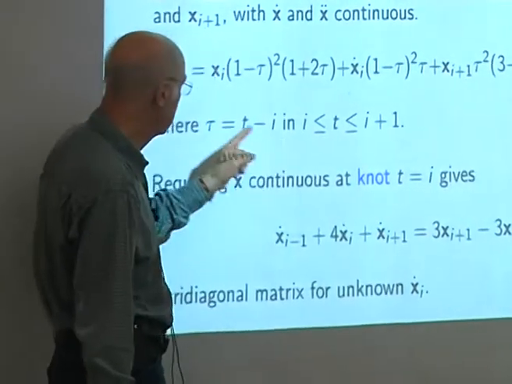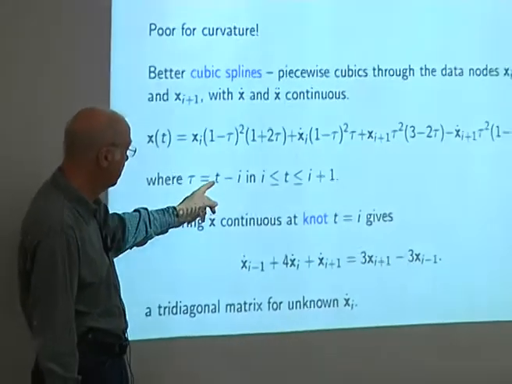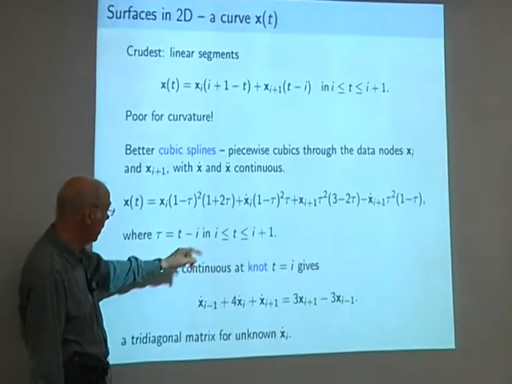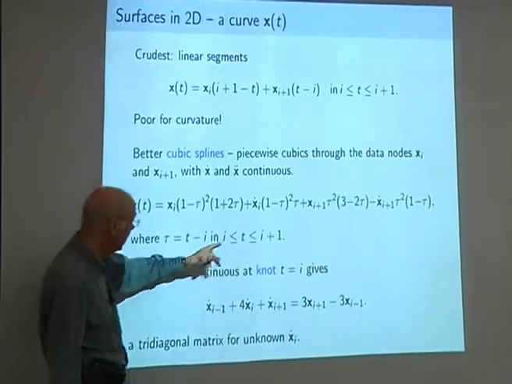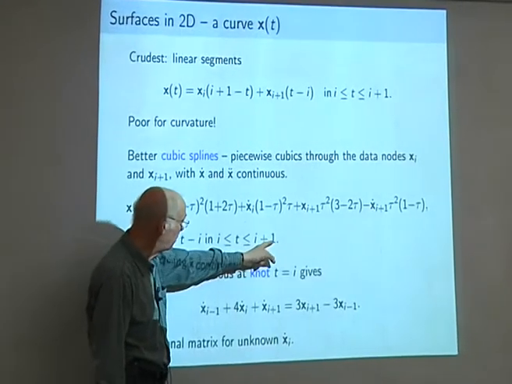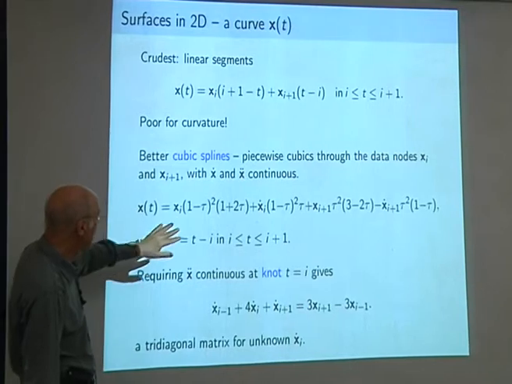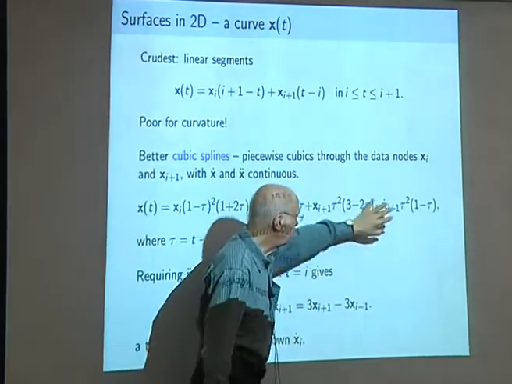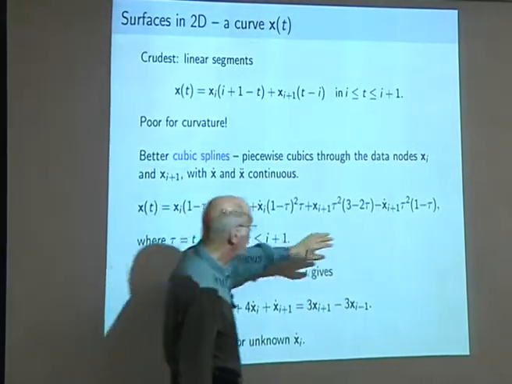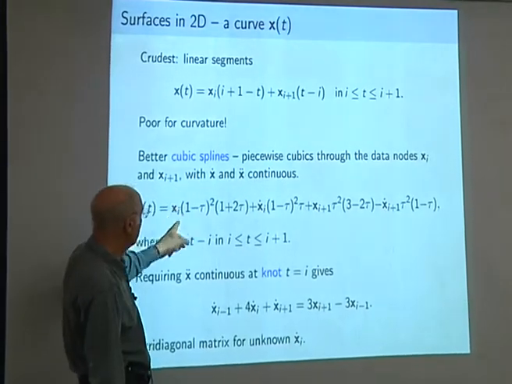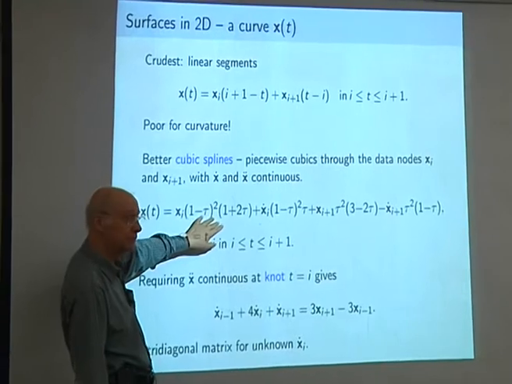I've switched to tau, which is the difference between t and i. So at the point t equals i, tau is 0, and at the point t is i plus 1, tau is 1. Okay, so these cubics have been chosen so that all of these cubics vanish at tau equals 0, where this cubic is 1.